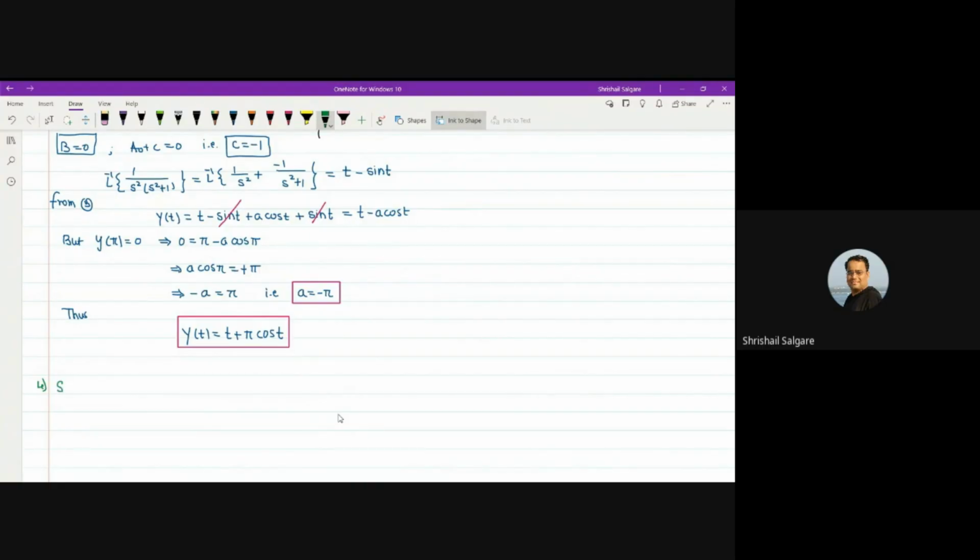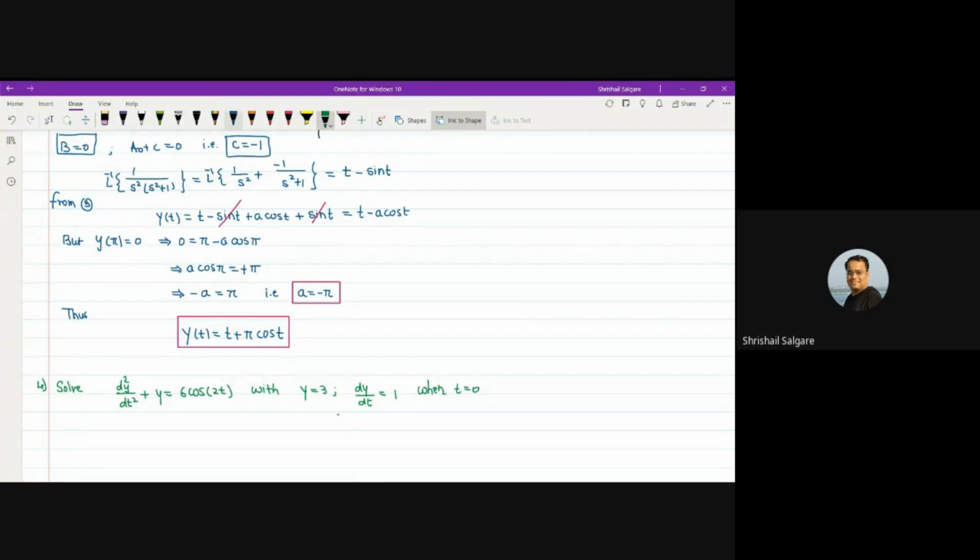Solve by using Laplace transform. What is the equation? d2y by dt square plus y is equal to 6 cos of 2t with the condition that y is equal to 3 and dy by dt is equal to 1 when t is equal to 0.